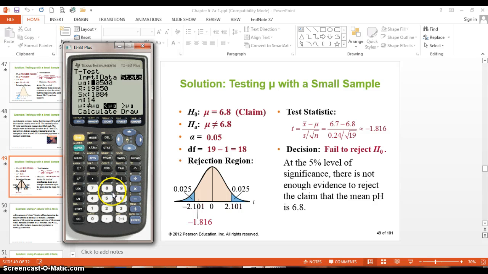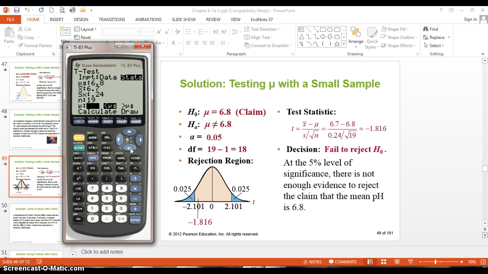Our hypothesized mean here is 6.8. That's what we think the pH level is. The sample mean in our problem they told us was 6.7. That's x bar. And the standard deviation for the sample they told us was 0.24. And how many samples of water did we take? 19.